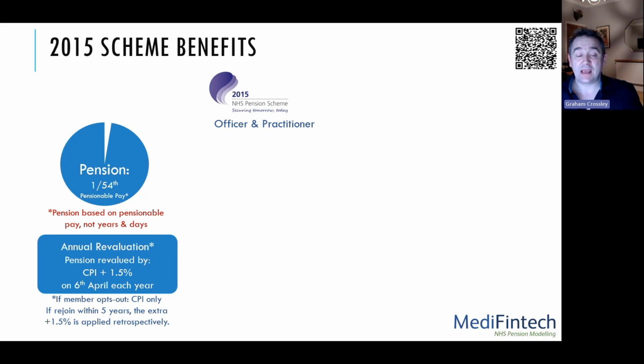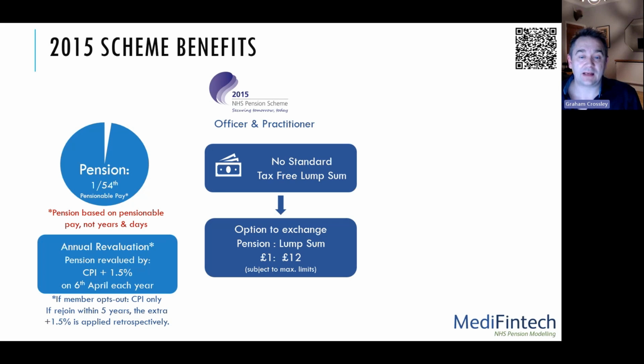Now, if you opt out, it will only get increased by CPI, so that's Consumer Price Index. And if you rejoin within 5 years, then all of those 1.5% will be applied retrospectively to the point that you opted out. Now, like the 08 section, there is no standard tax-free cash, but if you want some, you give up £1 worth of pension and you'll get £12 worth of lump sum.